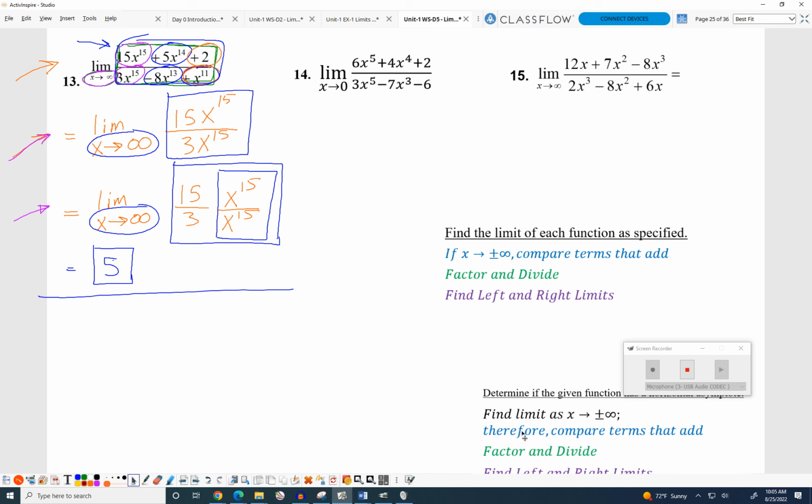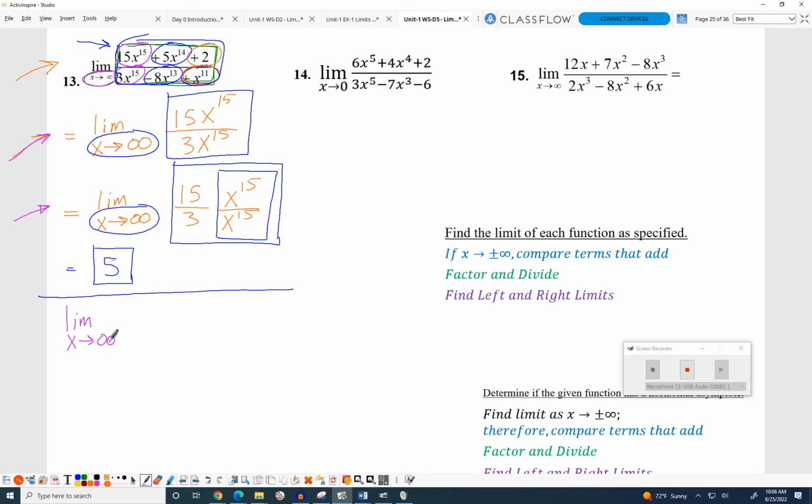Okay, so the next thing I write on my paper is I've got to find another limit. So I'm finding the limit now as x approaches negative infinity. But I've already done that for positive infinity, so I don't really need to do that again.